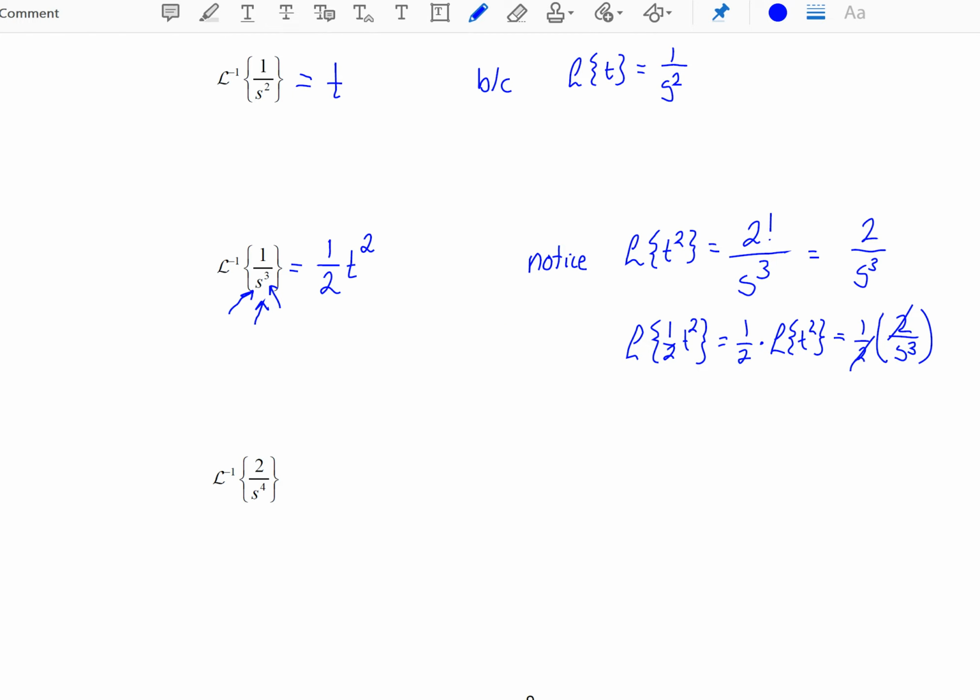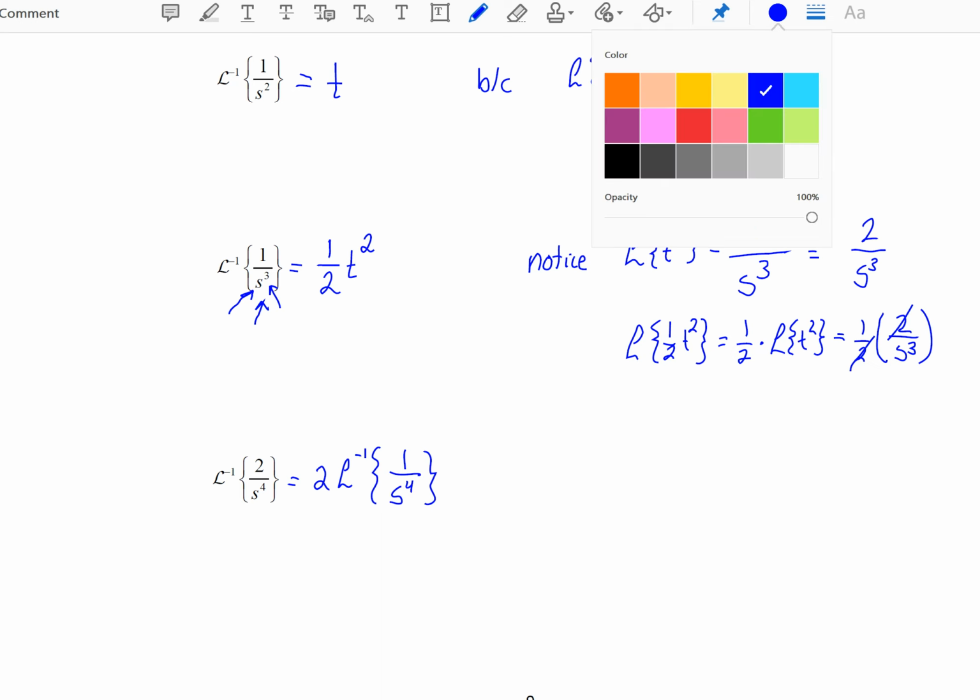So let's try this one. The inverse Laplace of 2 over s to the fourth. Now, if you'd like to, you could rewrite this because the Laplace transform is a linear transformation. You could write this as 2 times the inverse Laplace of 1 over s to the fourth. This step is not required, but it might make it a little easier. And now think about s to the fourth for a minute.